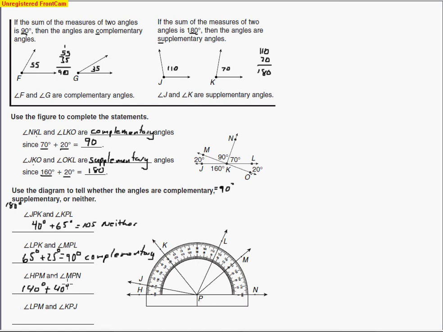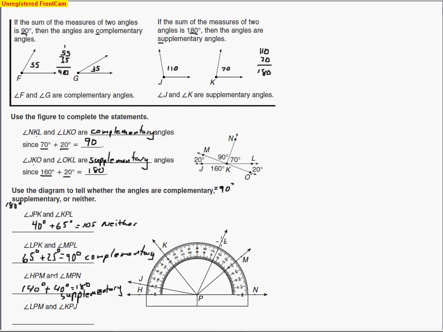If you weren't sure, you could just count by tens: 10, 20, 30, 40. Those add up to make 180, so we call these supplementary angles.